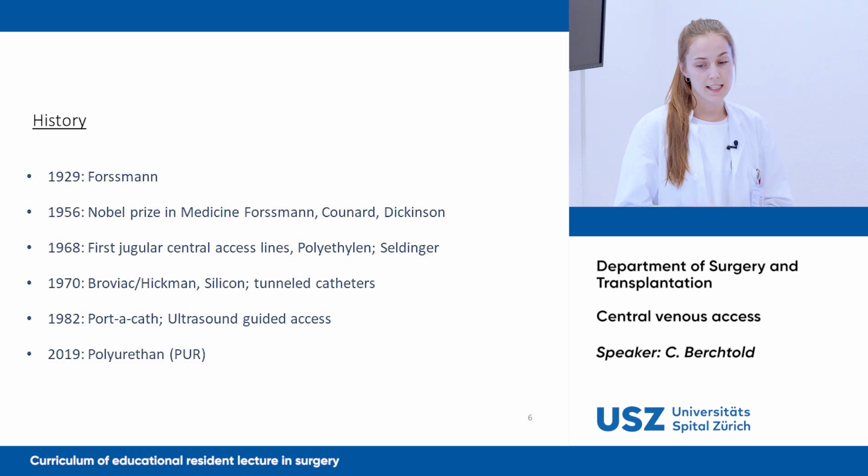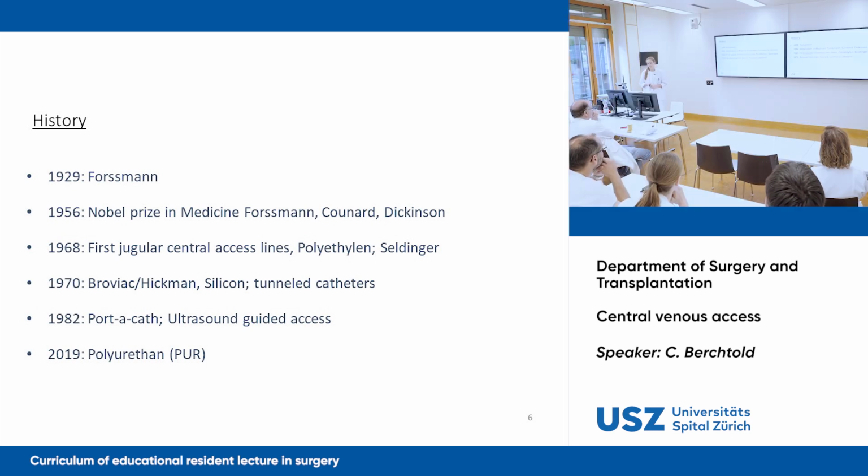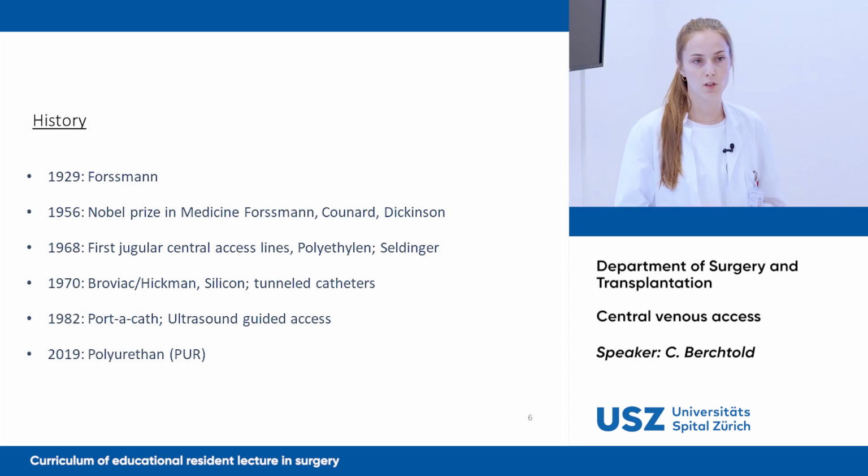In 1968, the first jugular access lines were introduced. They were mostly made of polyethylene, which was a fairly stiff and brittle material. It was also then that the first Seldinger techniques were applied. In 1970, Broviac and Hickman started using silicone catheters, which are a lot softer and therefore can also be used for tunneled catheters, which is more difficult depending on the angles that you would introduce them.